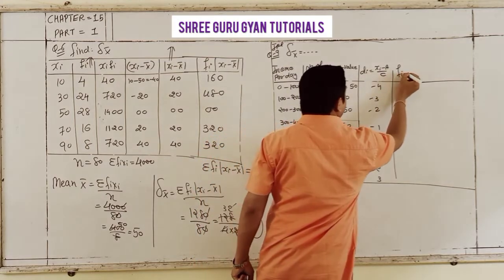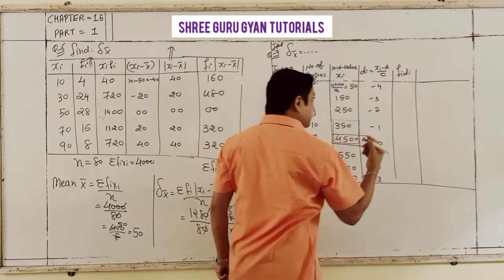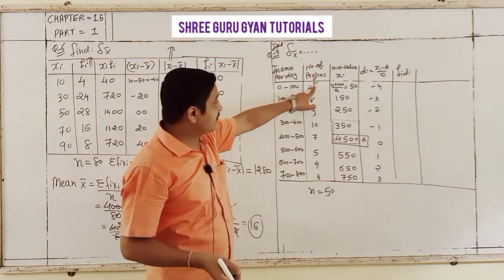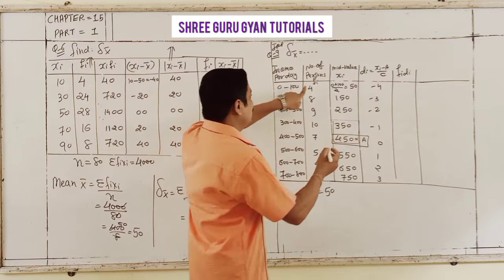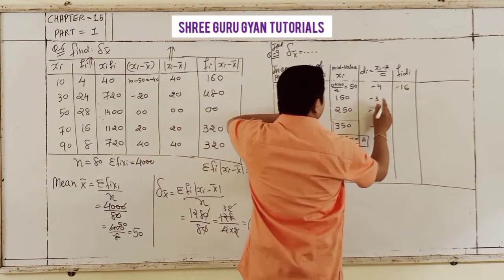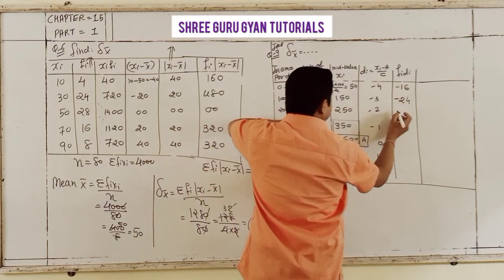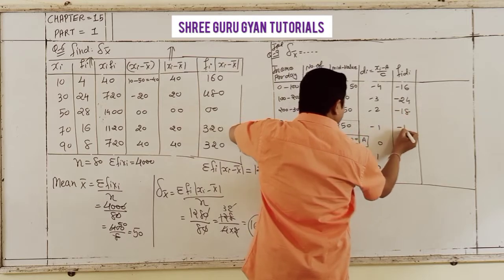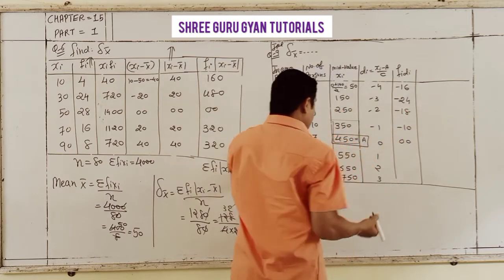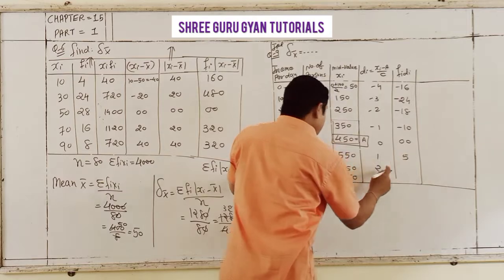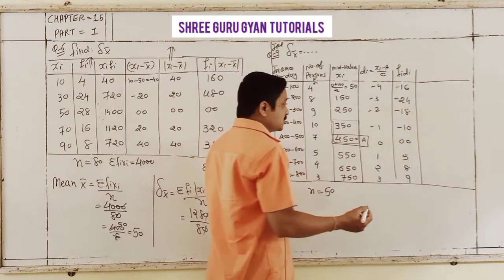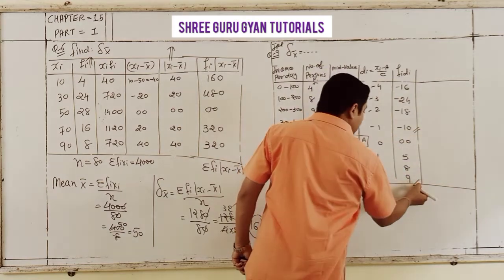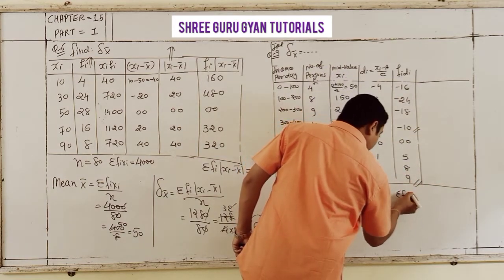Then I take the value fi di, multiplying fi with di and totaling them. So 4 times 4 is 16, minus 8 times 3 is 24, next 9 times 2 is 18, next minus 10, here 0, 0, 5 times 1 is 5, here 4 times 2 is 8, and 3 times 3 is 9. In total you take the addition, and I define it as sigma fi di.